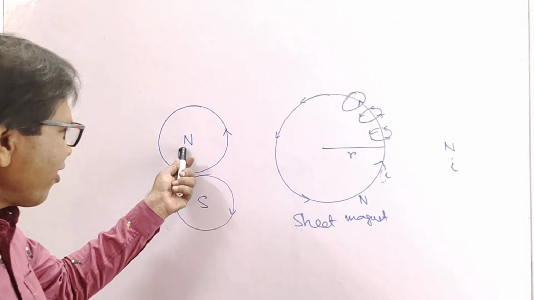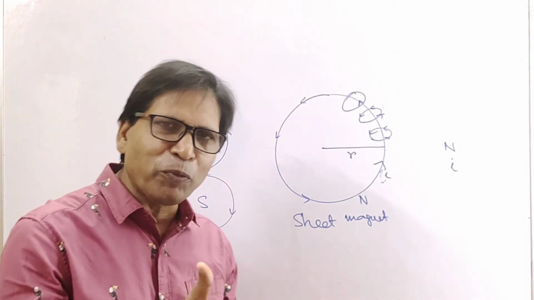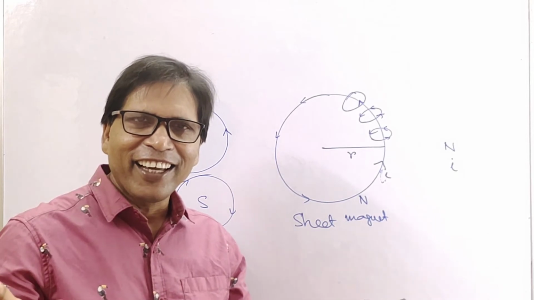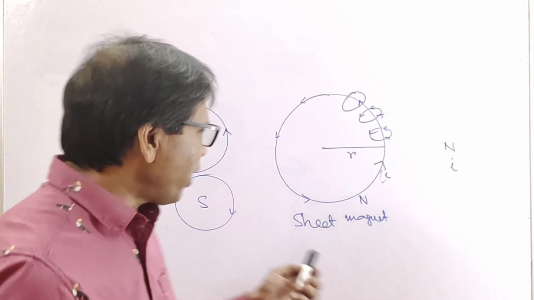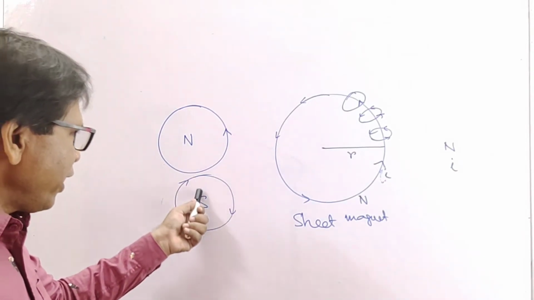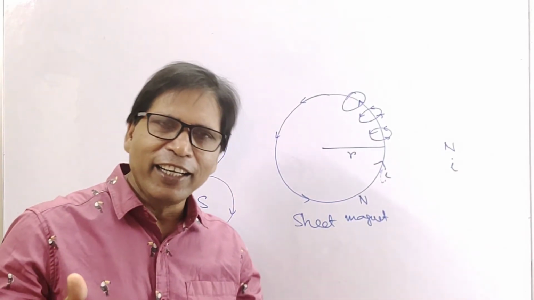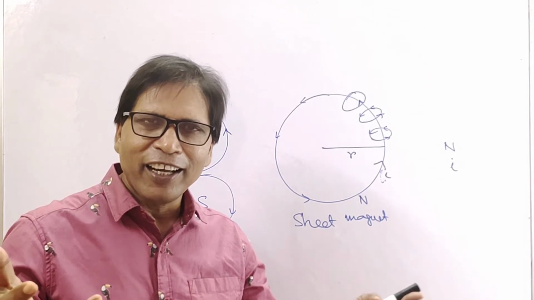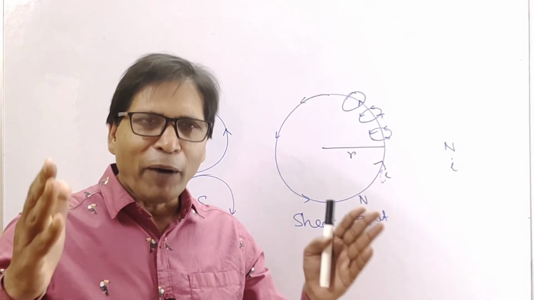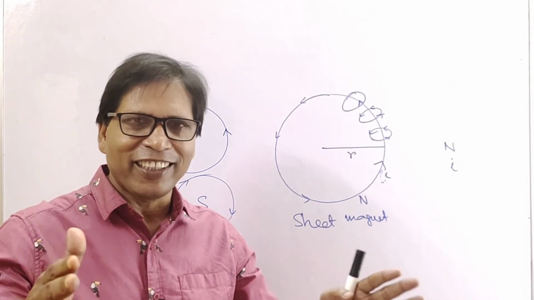Look at this. A circular coil also has north pole on one side and south pole on the other side. What is the difference? Look at this. Strength of the magnetic field is increased by increasing current and number of turns. But the magnetic field produced by a permanent magnet is fixed.